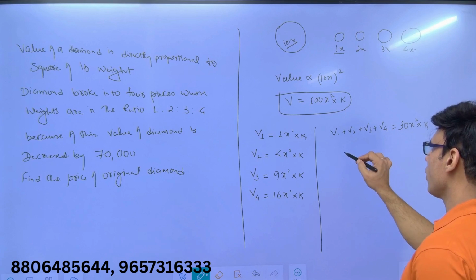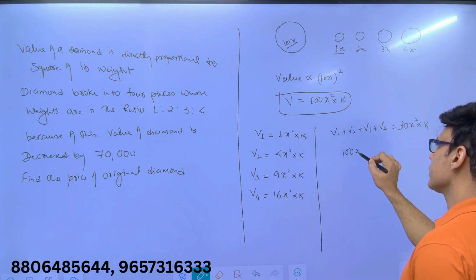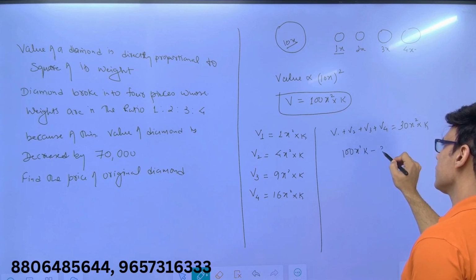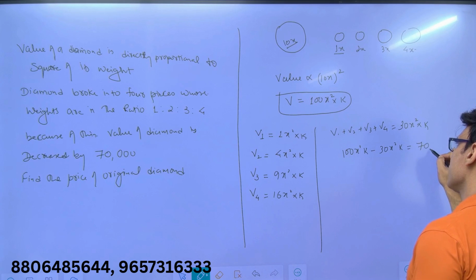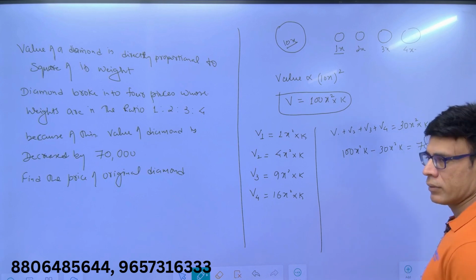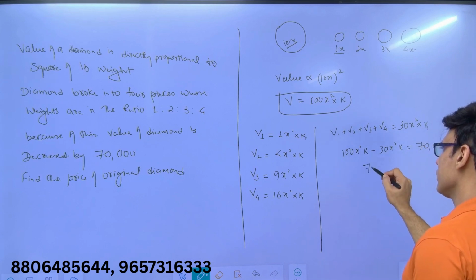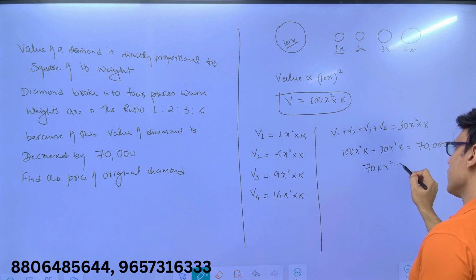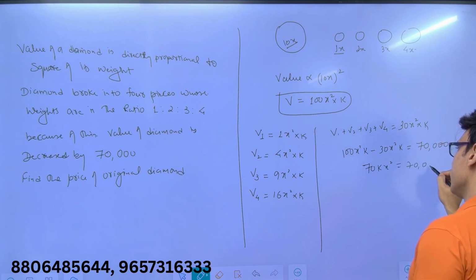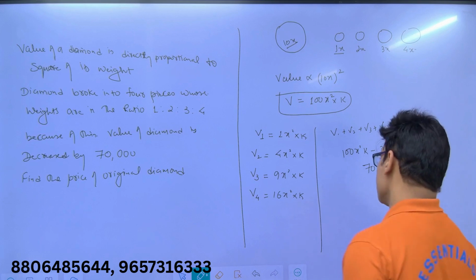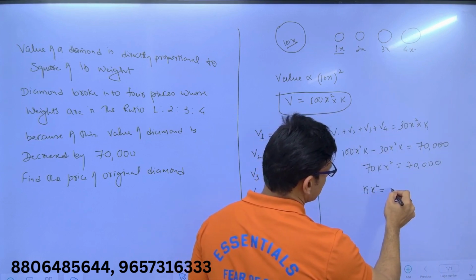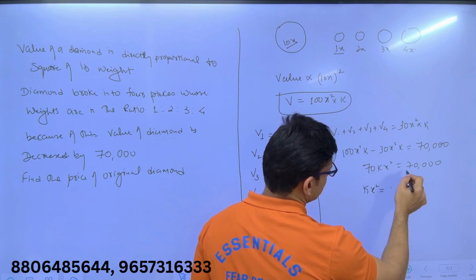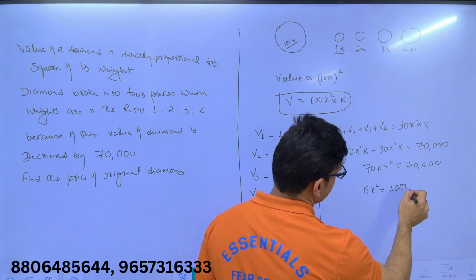So this loss, which is 100x square into k minus 30x square into k, is of how much? So this is equal to 70kx square is equal to 70,000. So what is the value of kx square? 70 cancel 1000 or not?